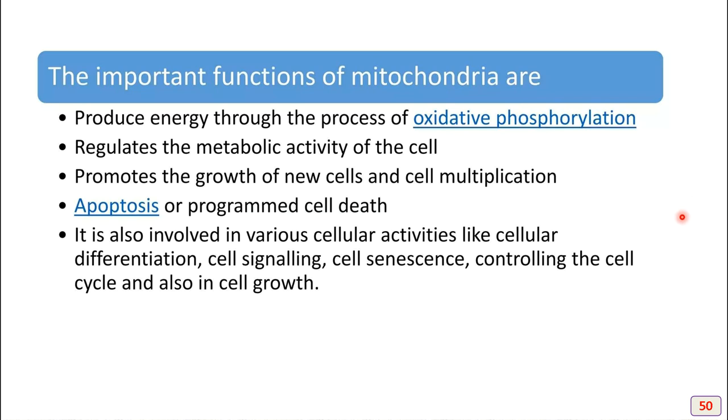Then the important functions of the mitochondria: they produce a lot of energy, which is also called oxidative phosphorylation, meaning they utilize adenosine triphosphate. Then it promotes the growth of new cells and cell membrane, whereas apoptosis is programmed cell death.